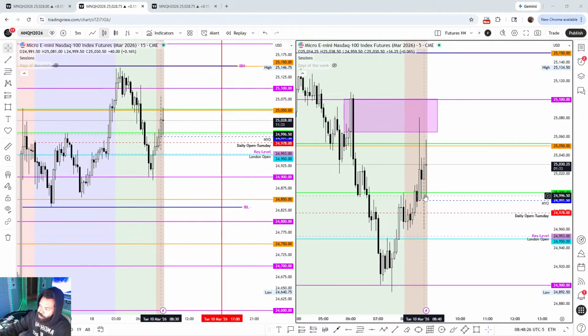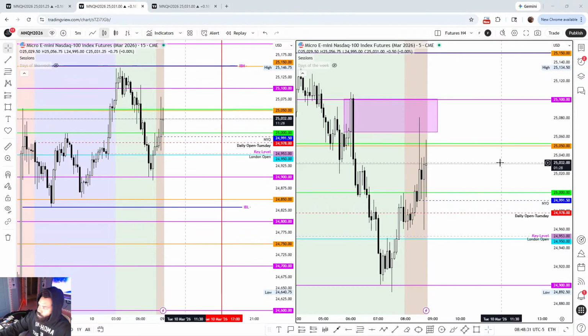So I like how they're holding that 25,000 level. Let's just see how this 5 minute, like I said, closes. But it looks relatively strong.